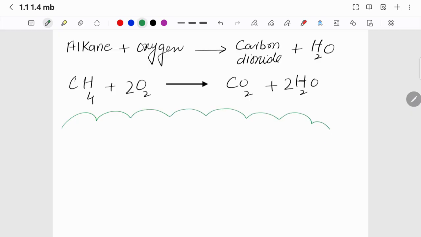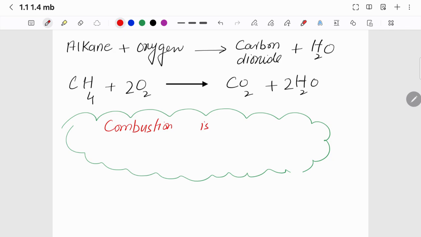Always remember, combustion is highly exothermic. Okay, it always produces heat.